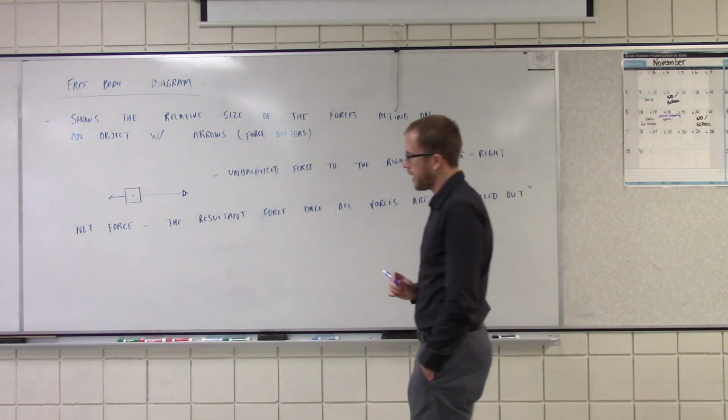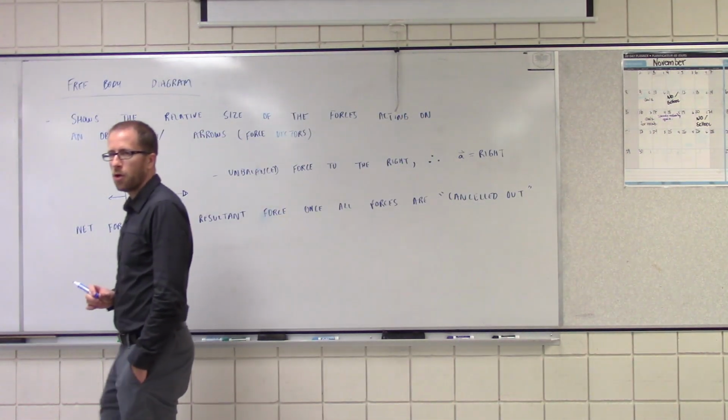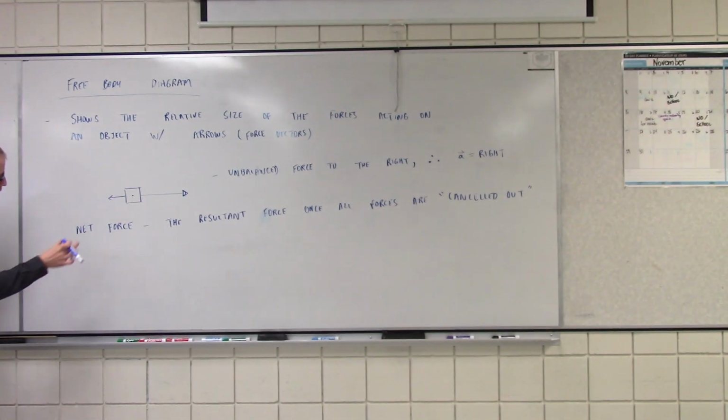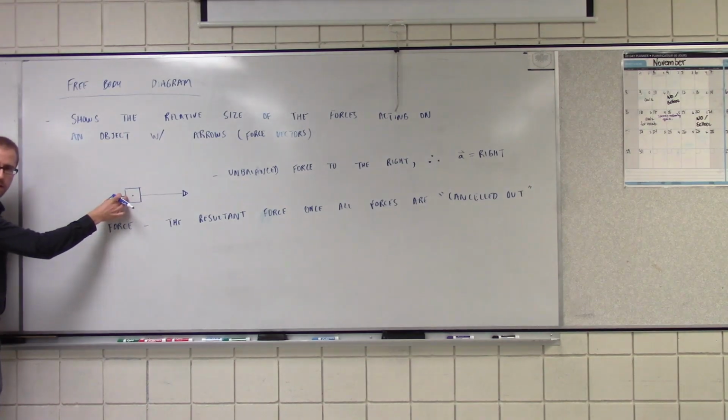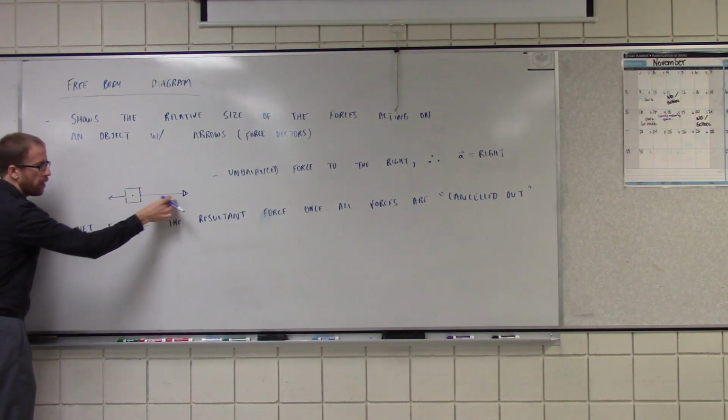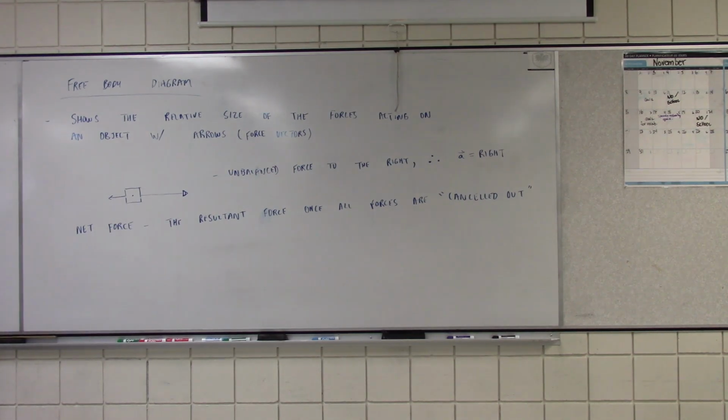Once all the other forces are canceled out. So what do I mean by this? Well, if I took this force here and canceled out from here, how much left over do we have?